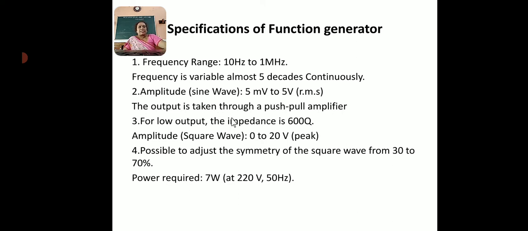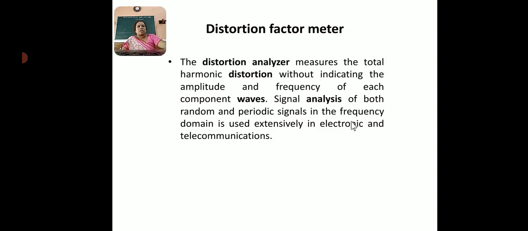The output is taken through a push-pull amplifier. For low output, the impedance is 600 ohms, and the amplitude of the square wave is 0 to 20 volt. It is possible to adjust the symmetry of the square wave from 30 to 70%. Power required is 7 watt. So these are the specifications of the function generator.